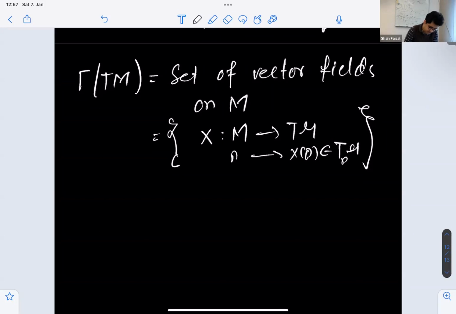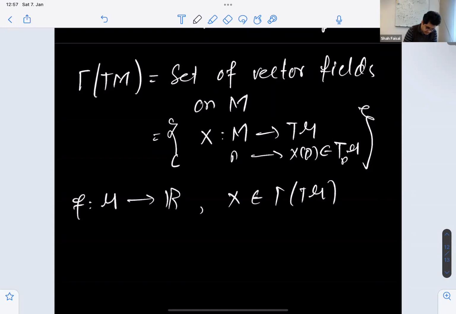So in other words, if you have a smooth function, let's say f, and you have a vector field, then you can multiply the vector field by this. So each tangent vector gets multiplied.